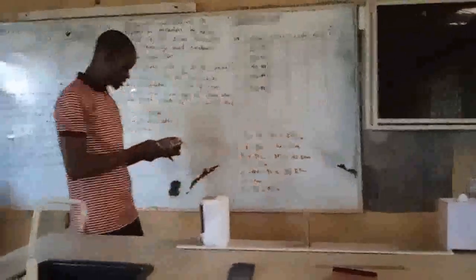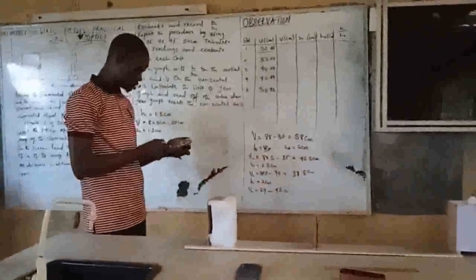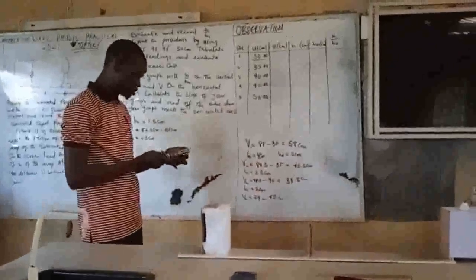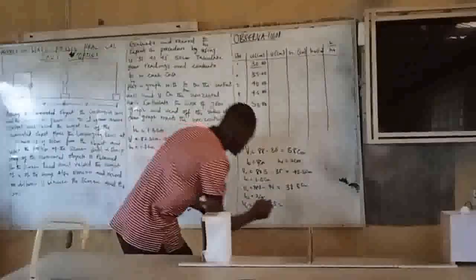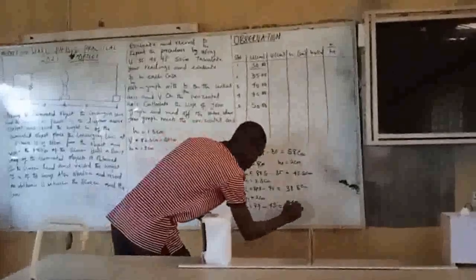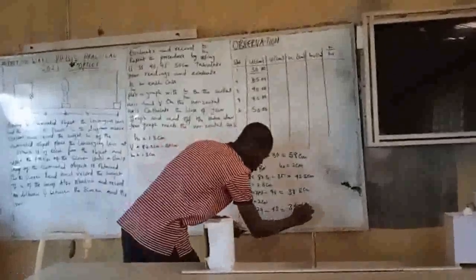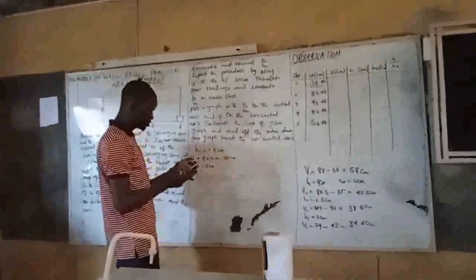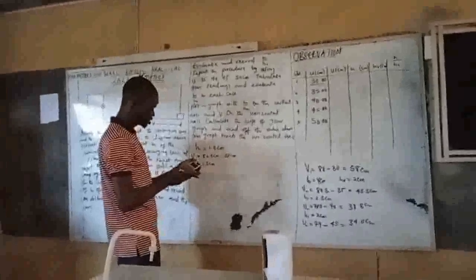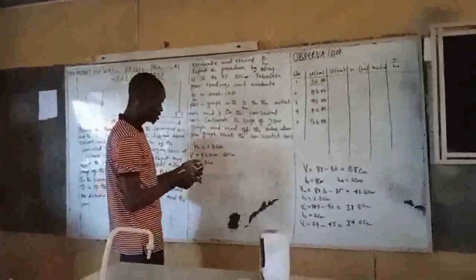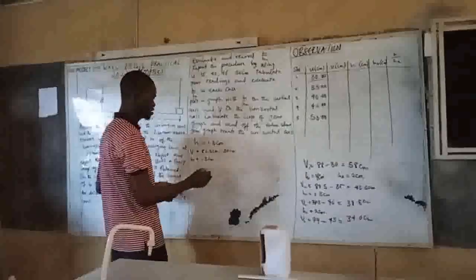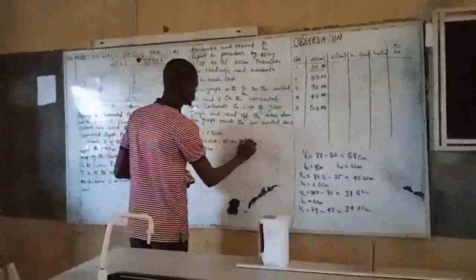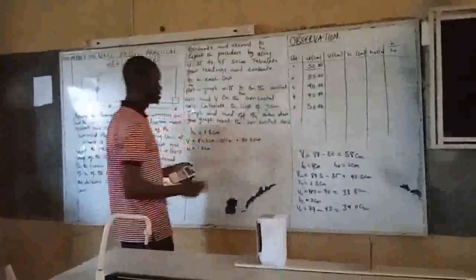While 79 minus 45 should give 34.0 centimeter. My last one is 82.5 minus 50, which gives me 32.5 centimeter.